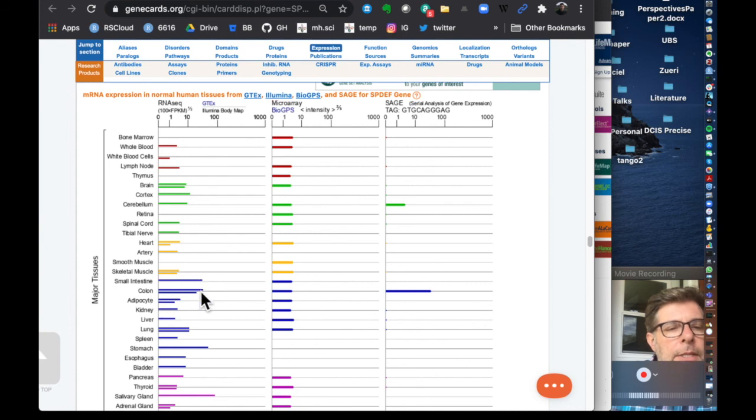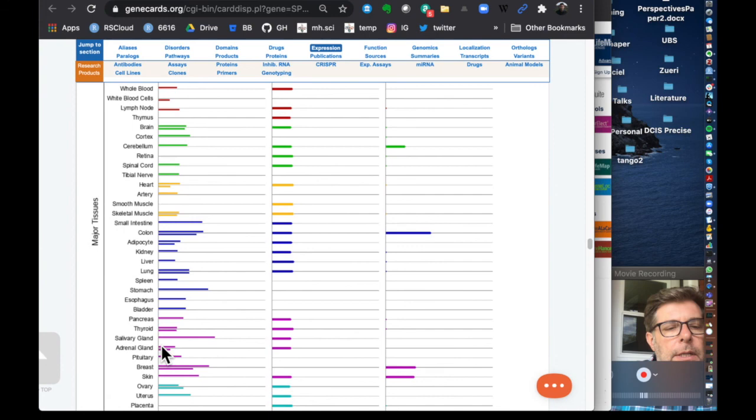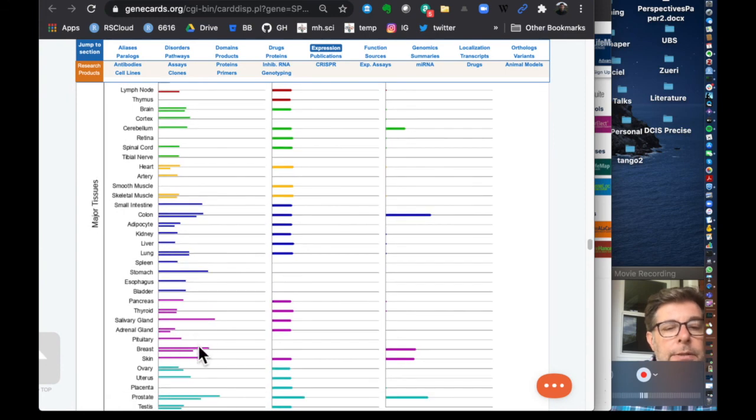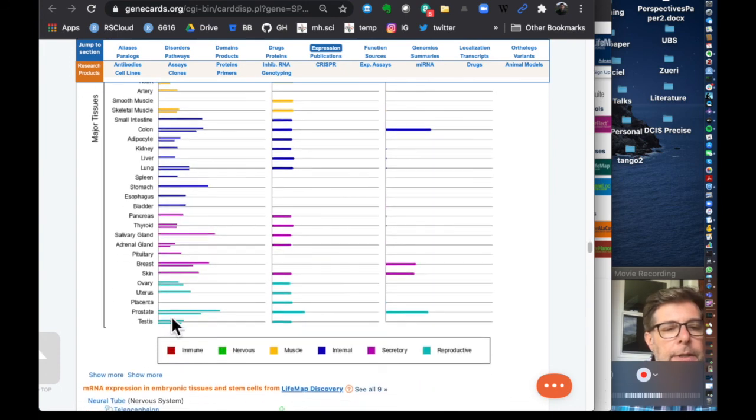The small intestine and the colon, it seems highly expressed. Salivary gland, it is highly expressed in the breast, right? And you can see here, like I said earlier, that it seems to have a role in prostate. And that's why maybe it's been studied in prostate cancer. But for my purposes here, the interesting thing is possibly that it is expressed in the breast.